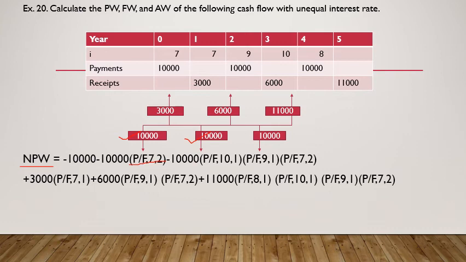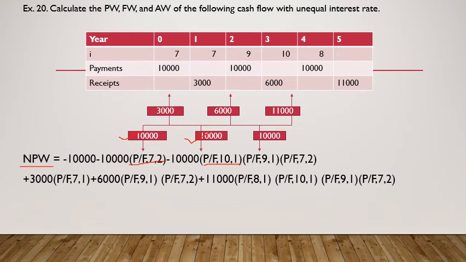So what do I do? First I convert this 10,000, which is at the end of the fourth year, to t equal to 3 using the factor P by F comma 10 comma 1, because between 3 and 4 it is 10%.